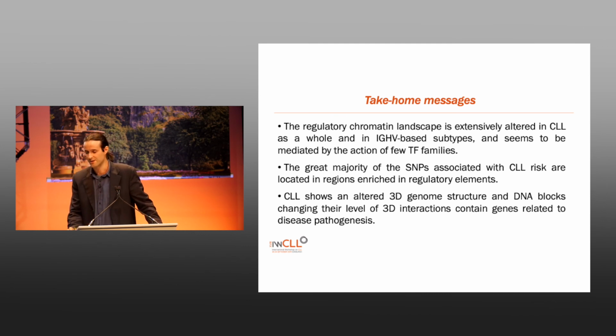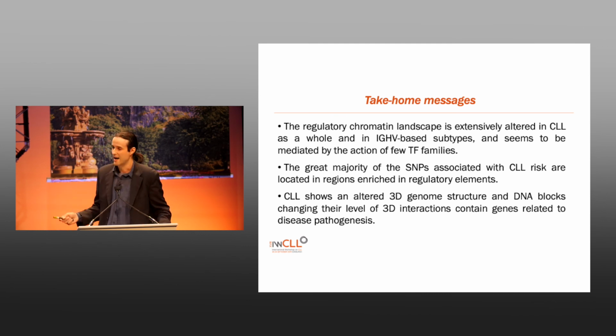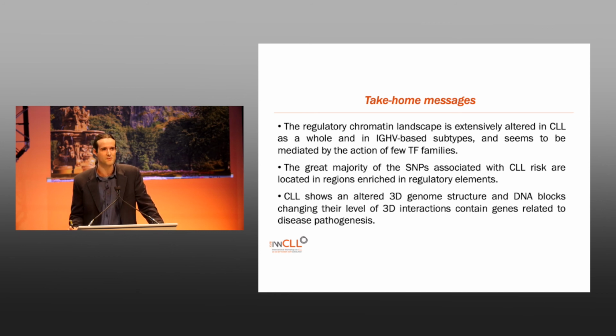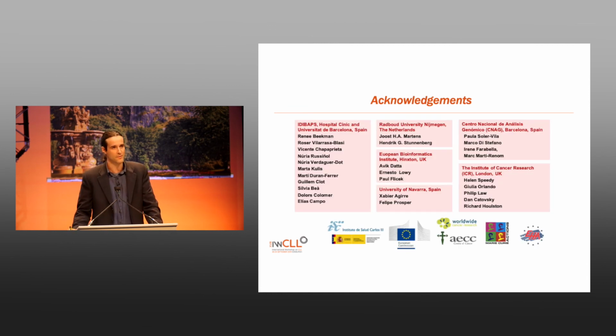There are also chromatin signatures related to IGHV subtypes, and it seems that all these chromatin changes are mediated by just a few transcription factor families; that the great majority of the SNPs associated to CLL risk are located in regions that are enriched in regulatory elements; and that CLLs show an altered 3D genome structure within the nucleus, and that large DNA blocks change their level of DNA interactions and contain genes related to disease pathogenesis.